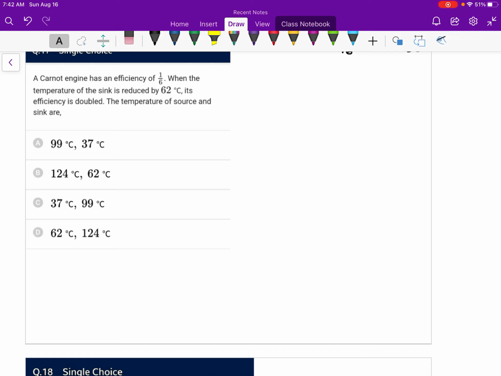A Carnot engine has an efficiency of 1 by 6. Okay, so 1 by 6 is equal to 1 minus Tc by Th. Now efficiency becomes double when temperature of sink is reduced by 62 degree. So 1 by 3 is equal to 1 minus Tc minus 62 upon Th.